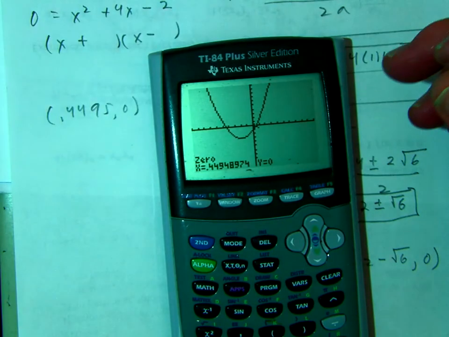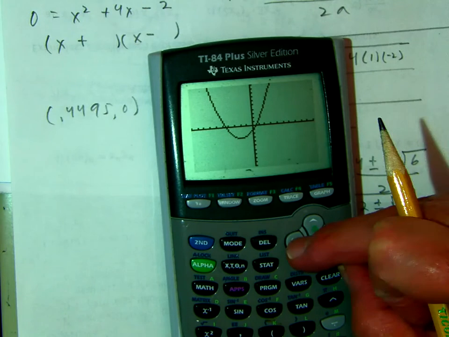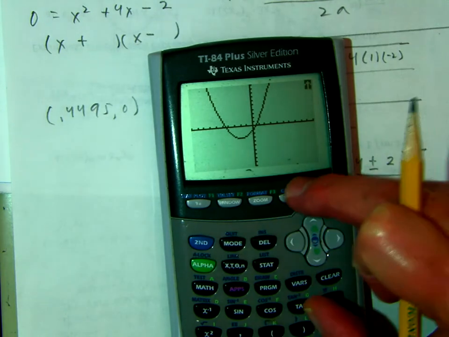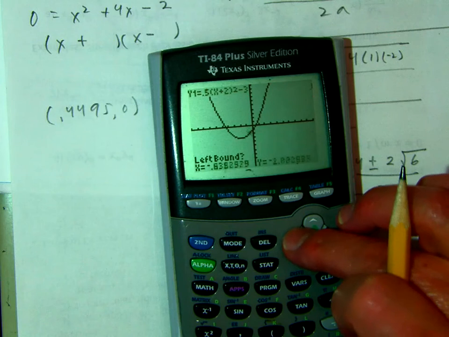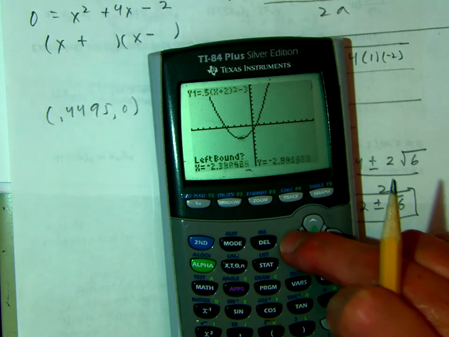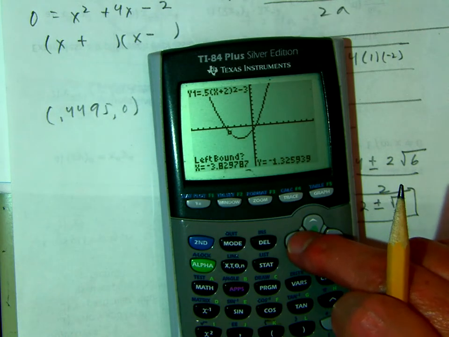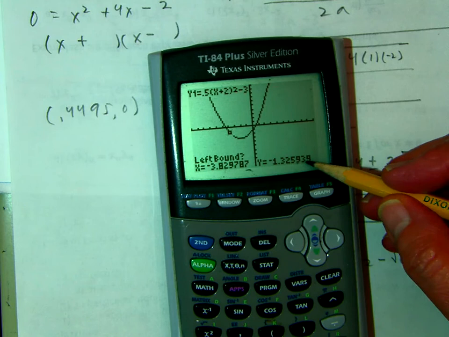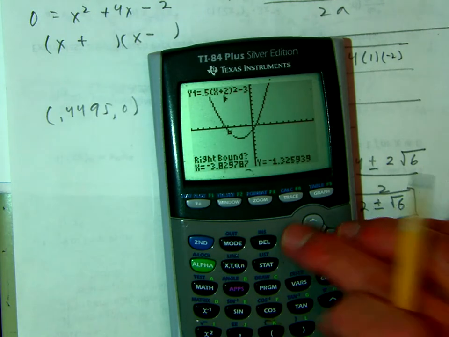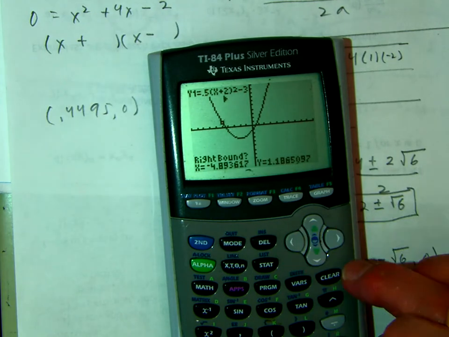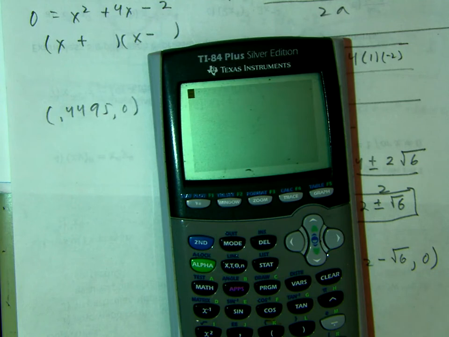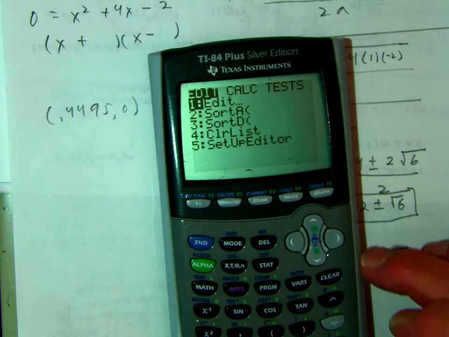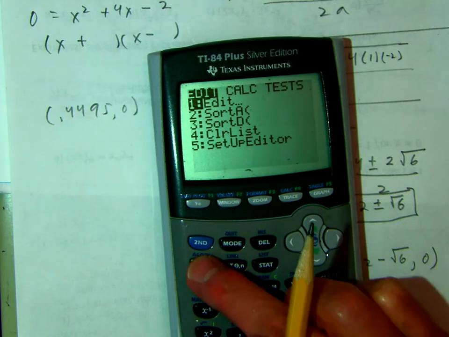And let's do it again for the other one. So second calc 0. We want to arrow over till the cursor is close. So I'm at a negative value of y, hit enter. Arrow over till I'm at a positive value of y, hit enter. At guess, just hit enter. And something is out of bounds, so let's try again.